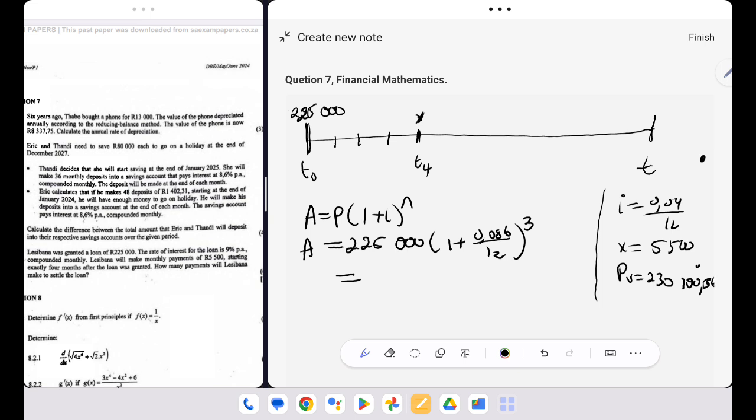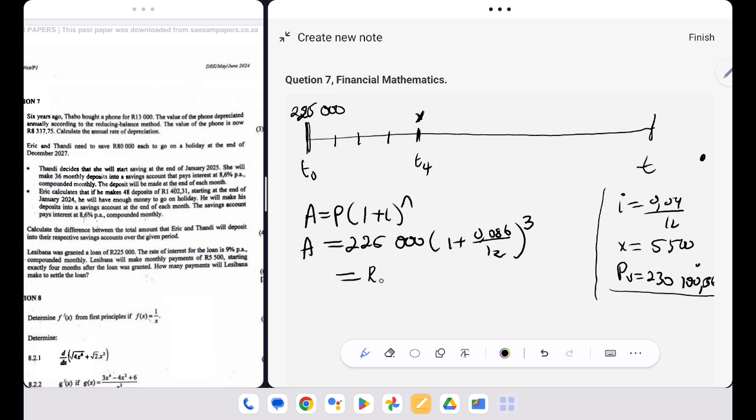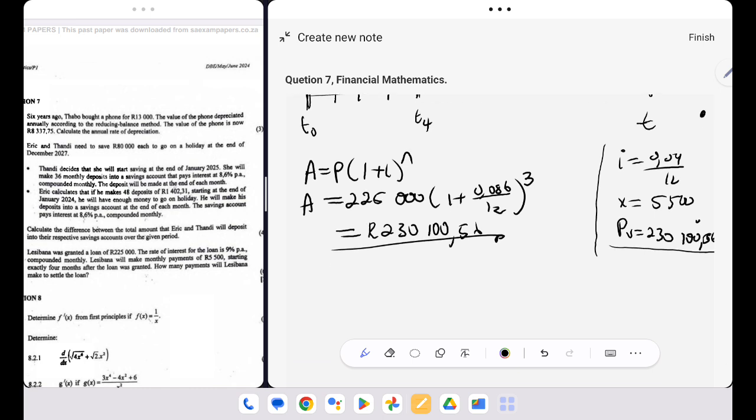230,156 cents. So this would be my value of the loan, because Utandi has omitted some of the payments, so the loan will accumulate interest. The bank will never understand her situation, unfortunately.